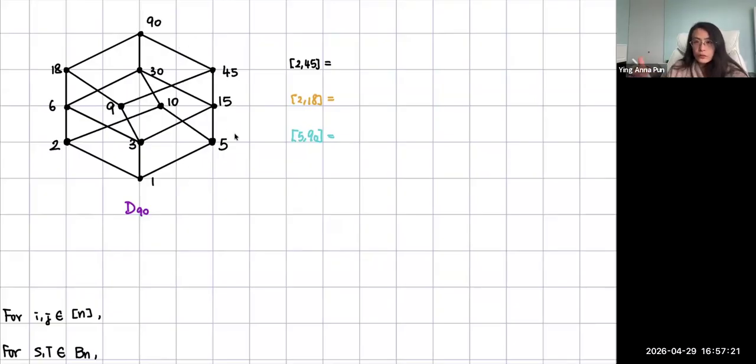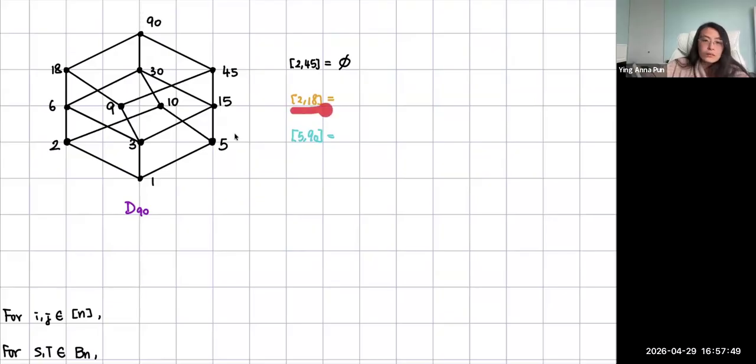The answer is none, because 2 and 45 are not comparable. If you want to compare two numbers, one has to be a factor of the other one. So they are not comparable, therefore that's an empty set. How about 2 and 18?